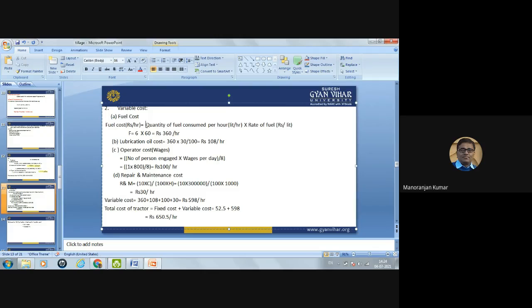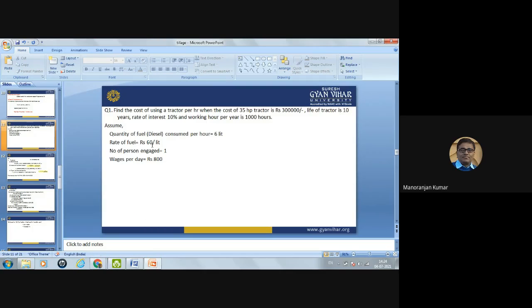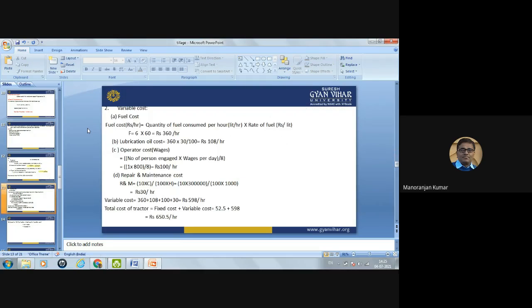So quantity of fuel consumed per hour, if you multiply this quantity by the rate of fuel, it will give the total cost of the fuel. Quantity of fuel consumed per hour is given in the question: 6 liters. 6 liters of fuel is consumed in 1 hour by this tractor. And the rate of fuel is 60 rupees per liter.